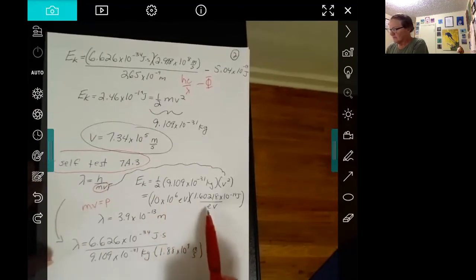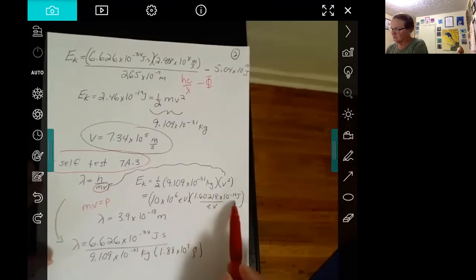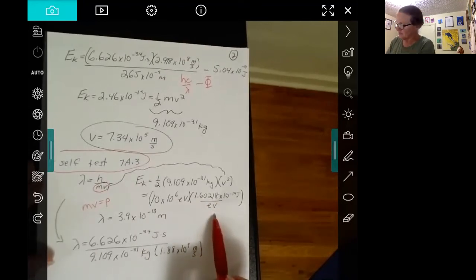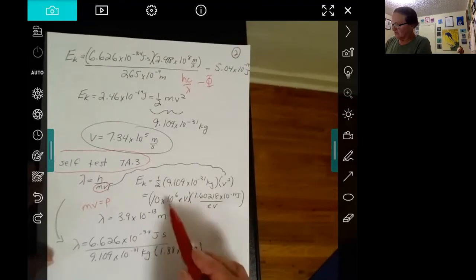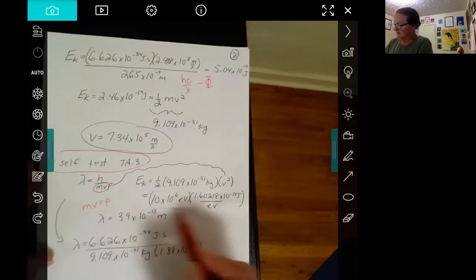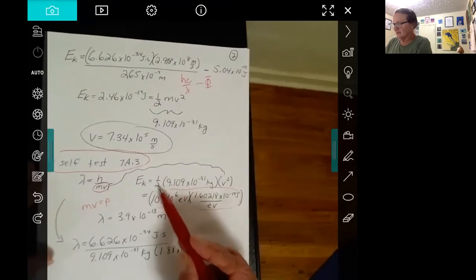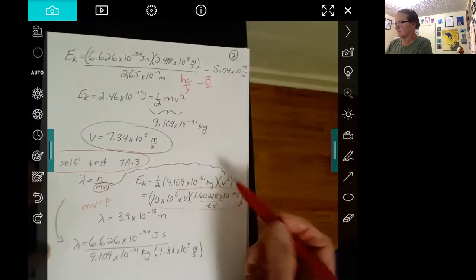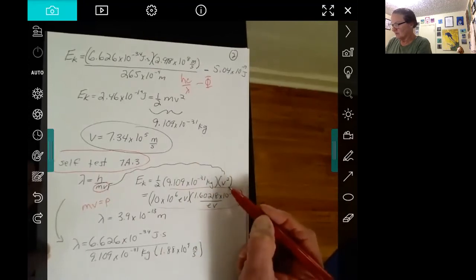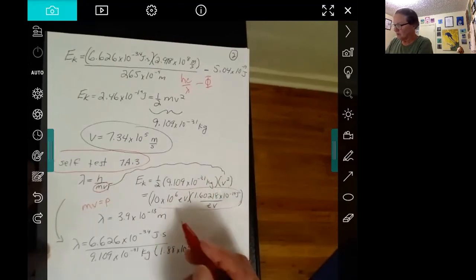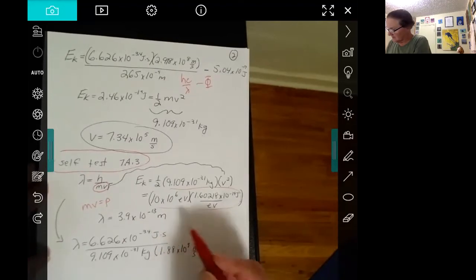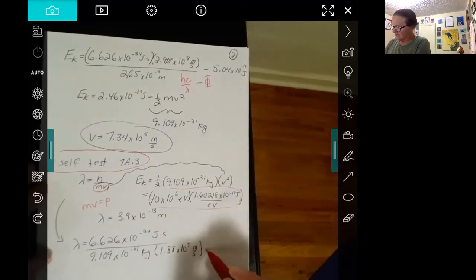And I can convert that into joules with the conversion that's on the cover of your textbook. So the kinetic energy in joules is right here. So I can set that equal to kinetic energy, so 1/2 mass of an electron from the table in your book, and solve for the velocity. Once I get the velocity, then I can just plug that into this equation.